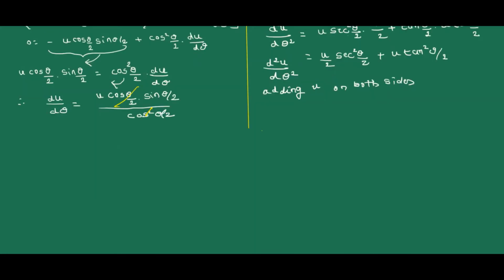d square u divided by d theta square plus u is equal to u divided by 2 sec square theta by 2 plus u tan square theta by 2 plus u. Now here you can take u common.